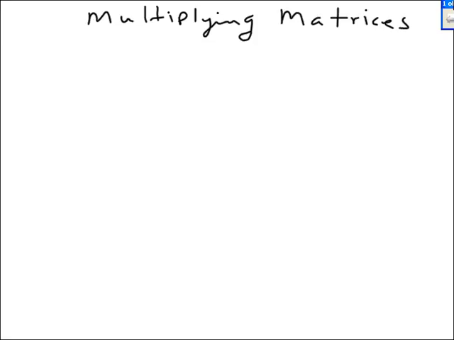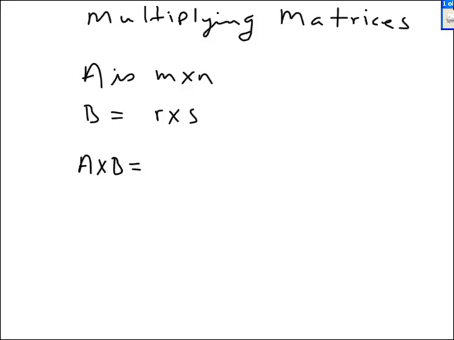Now, for matrix multiplication, if A is m rows by n columns, and B is r rows by s columns, in order for A times B to be well defined, that is, for you to be able to multiply an m by n matrix by an r by s matrix, these have to be the same.